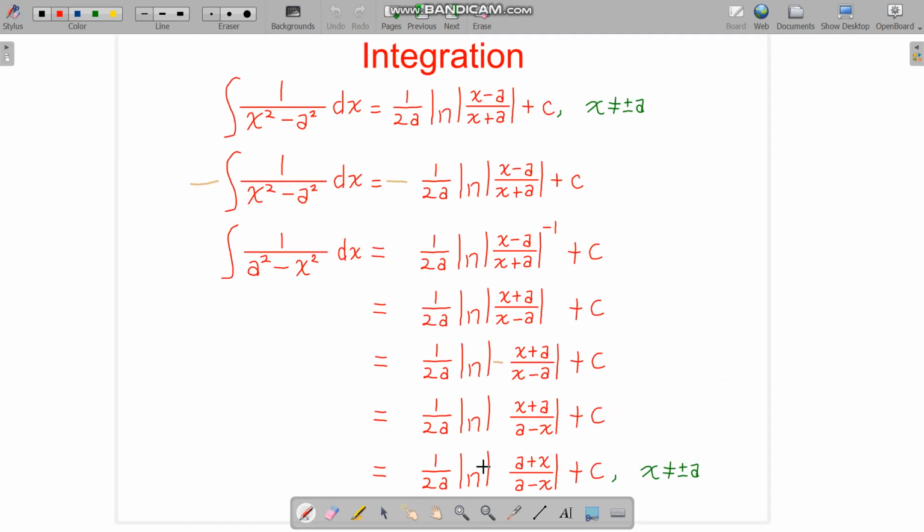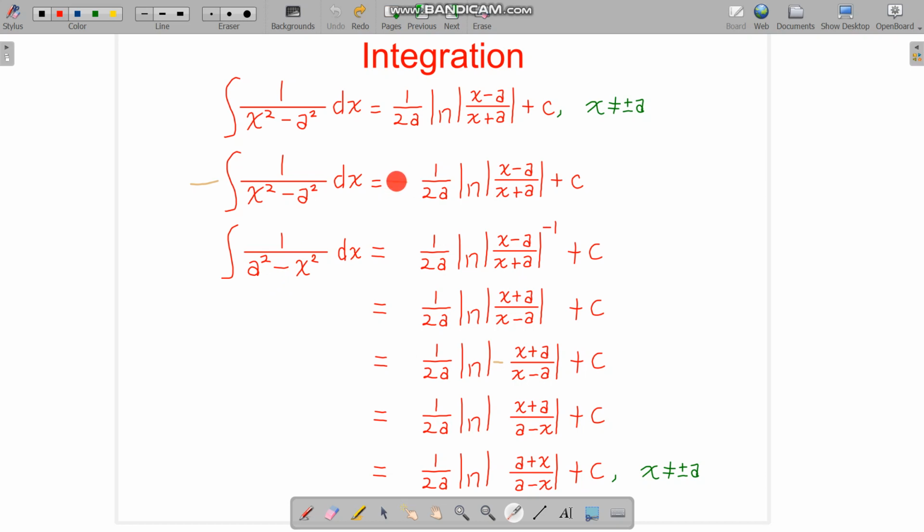And now we have x squared minus a squared. So yeah, it's almost the same as the previous one, but this time we have the opposite order here, so we can just multiply both sides by negative, so we can swap the order here.